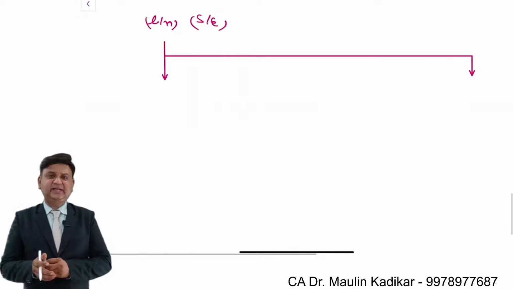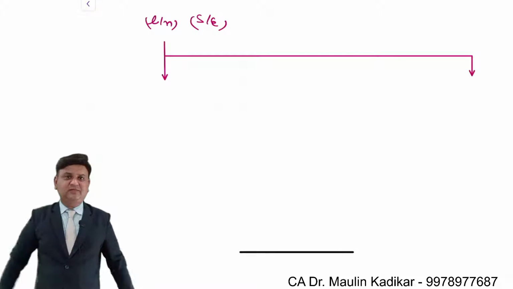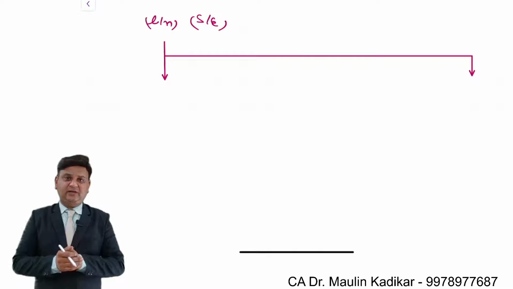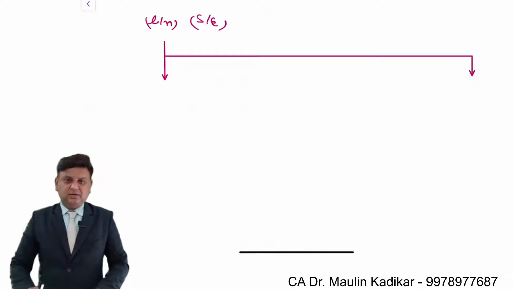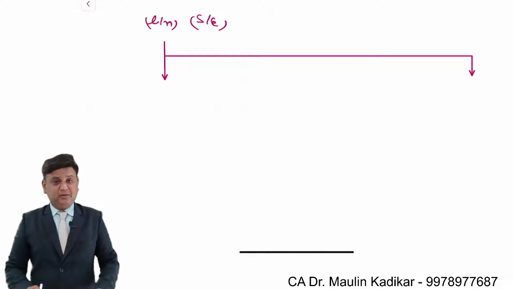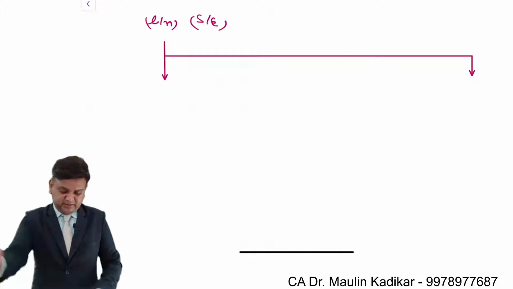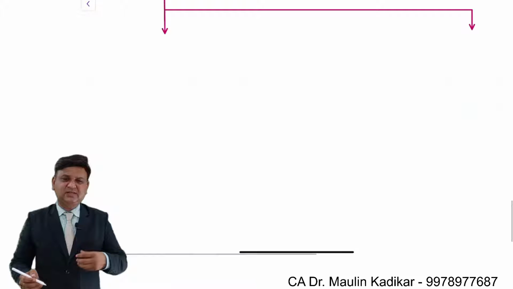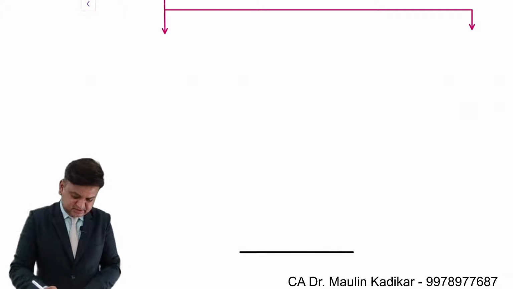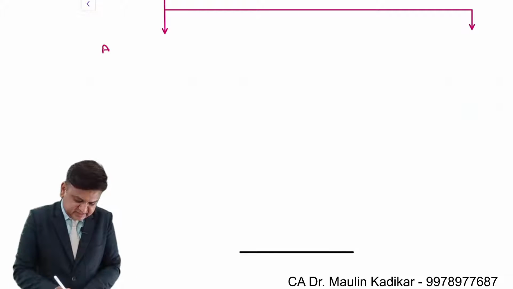Friends, as far as the ln is concerned, that is the natural logarithm value for S divided by E, we cannot calculate it on our normal calculator. There are two methods by which we can do it. The first method is slightly lengthy. In step A, spot divided by exercise.